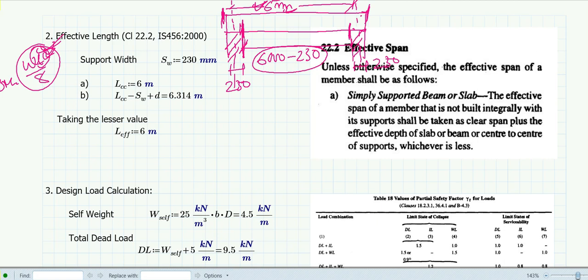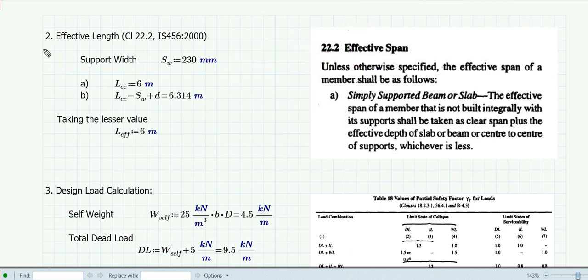For that you have to find out the effective length. What should be the length that we are going to consider? For that, there is a clause, 22.2 of IS 456. So let's see what this particular clause says. The effective span, unless otherwise specified, if it's not specified, in that case you will go for this particular clause.